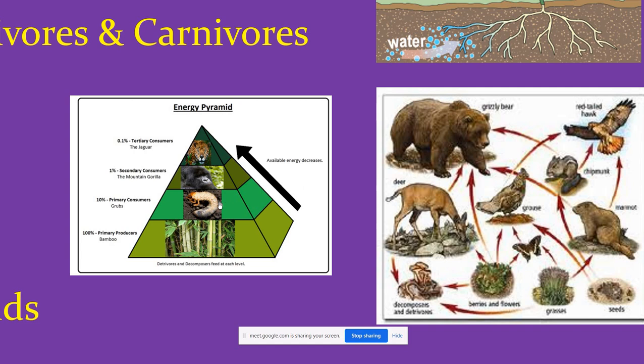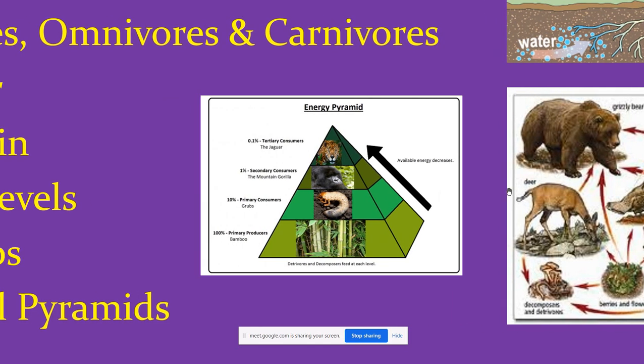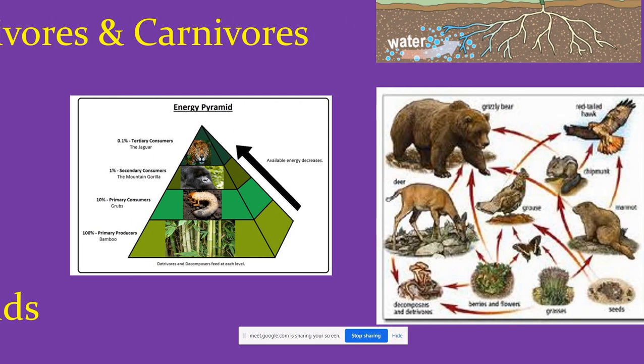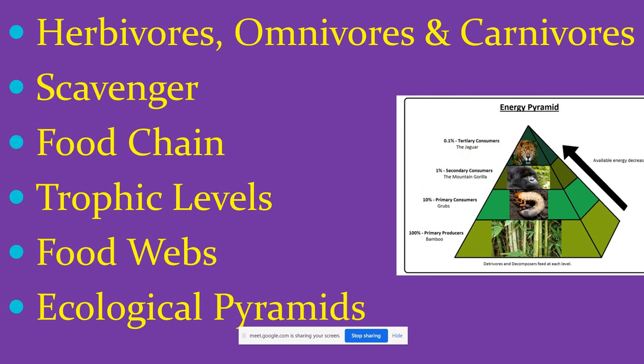the amount of energy gets reduced when we move upward, from producer to consumer. In the food web you can see there is an interconnection between the different food chains. It makes a network. This is known as the food web. Energy transfer occurs using the food web and food chain. The energy pyramid is a way to show the flow of energy, that a lesser amount of energy is transferred.